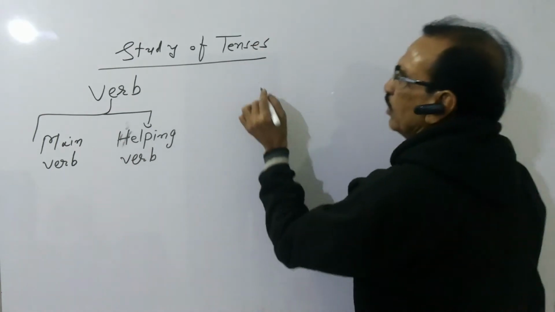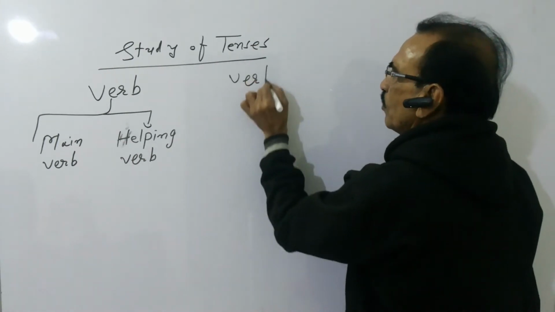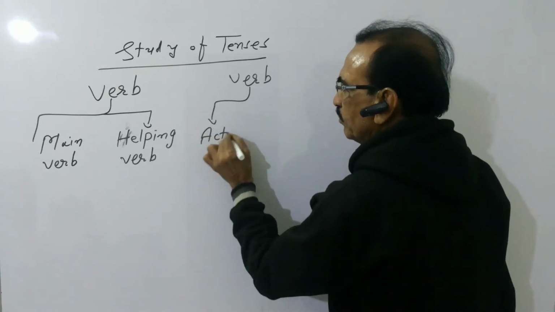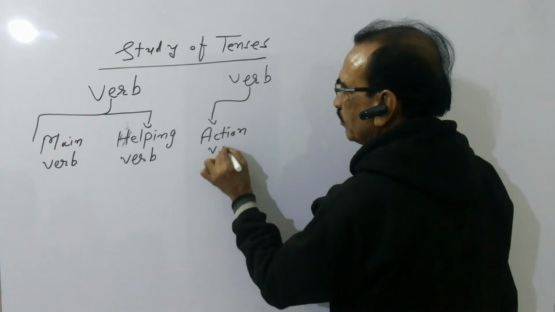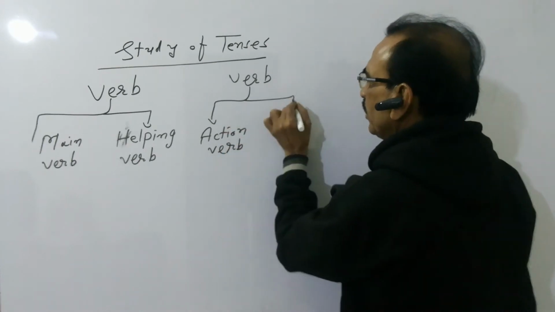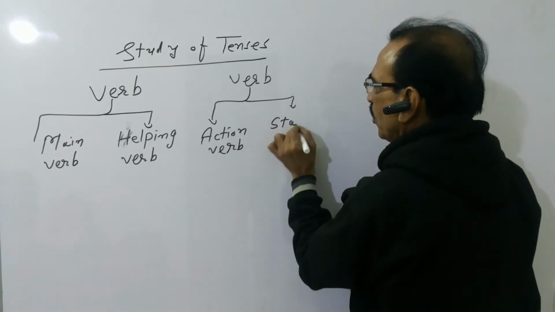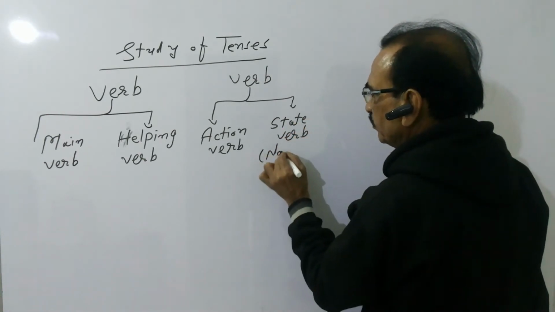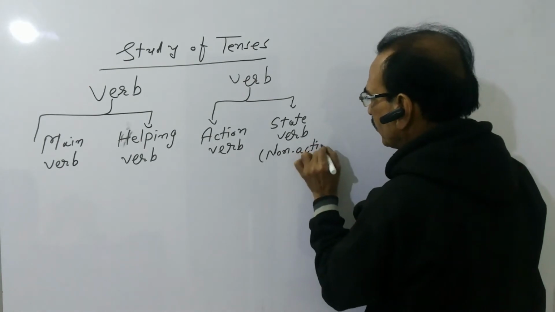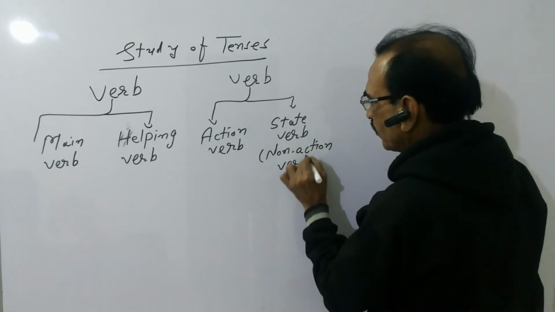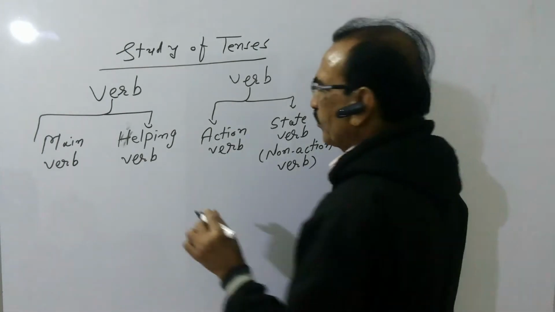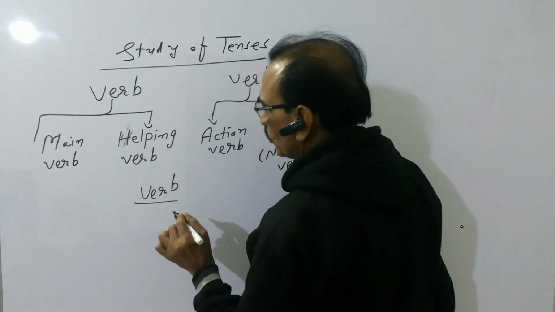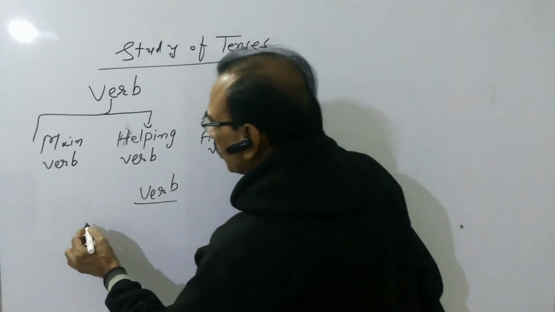Verb can be an action verb or it can be a state verb. We can also say non-action verb. Similarly, there are three types of forms of verbs.